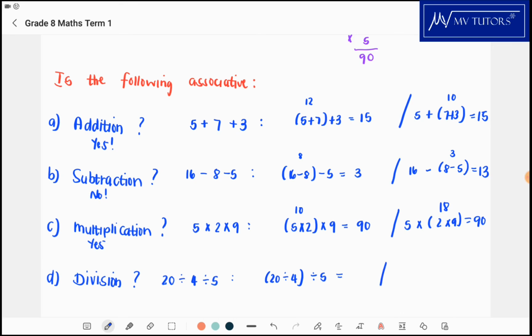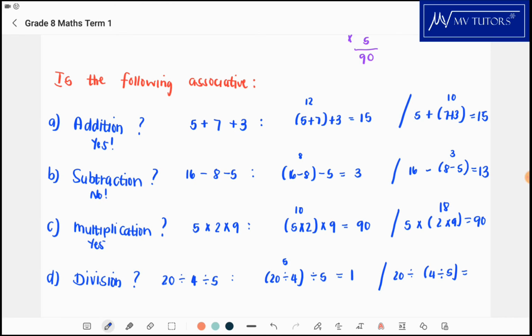And then secondly, we're going to have the 20 outside, and then we have 4 divided by 5. So 20 divided by 4 in the brackets, what do we have? We have 5. And what is 5 divided by 5? Well, that is 1.